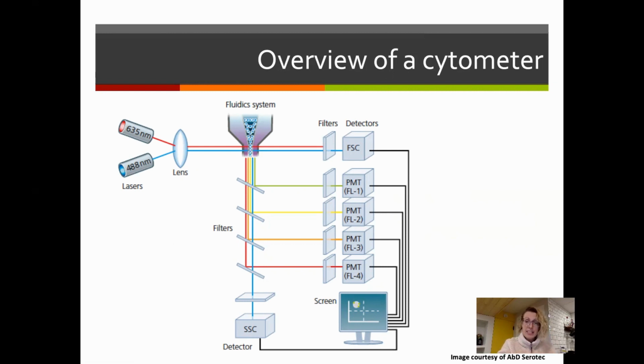The light from these lasers is then sent through an array of filters, which break the light into different parts so that we can identify different fluorochromes. These different light bands are sent onto our photomultiplier tubes, and these are then converted into electronic signals that we can see on our computer and use to analyze our data to determine which fluorochromes are expressed on which cells.